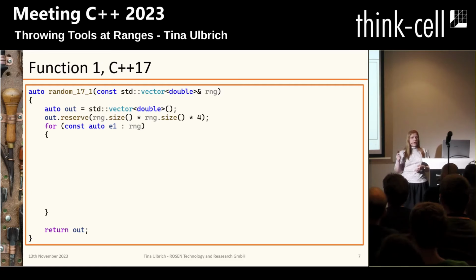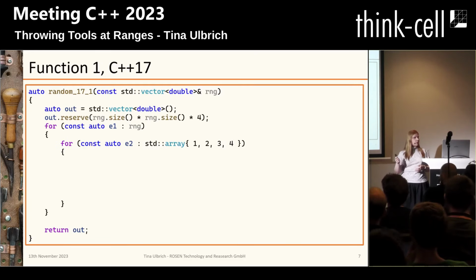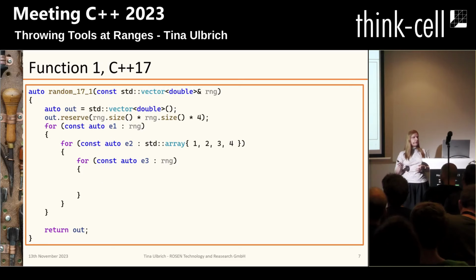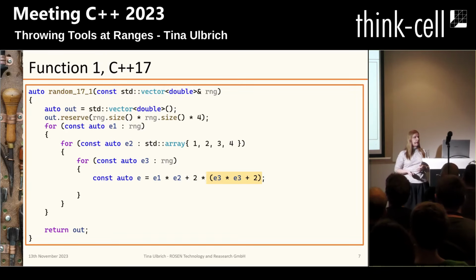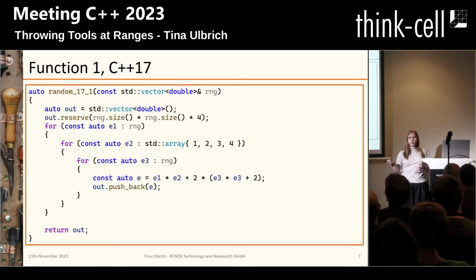So I loop over the outer range, the middle range, the innermost range, and do the calculation. This is the calculation that we did before in the transform view. And I push back the element that I calculated, and then I return the vector in the end. So this is the exact same code as before, just written in a different way.